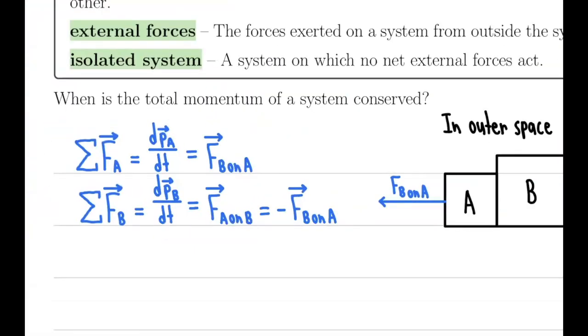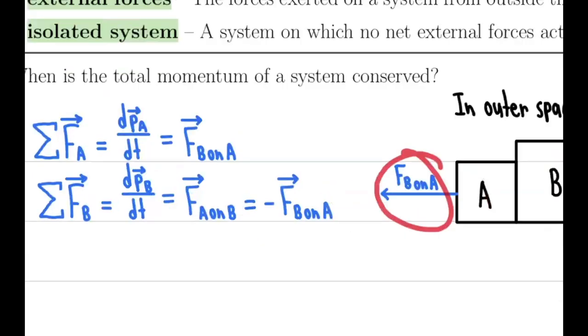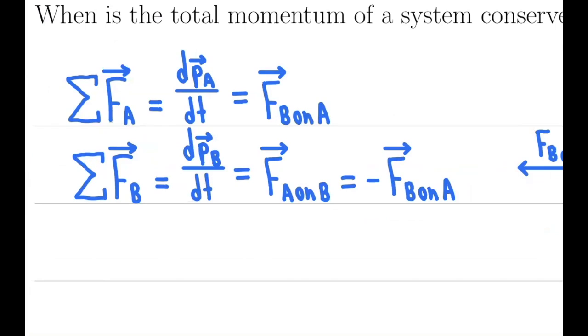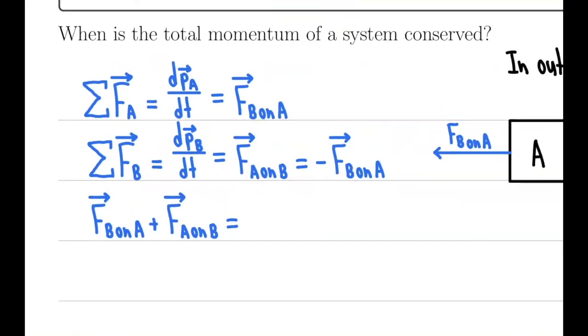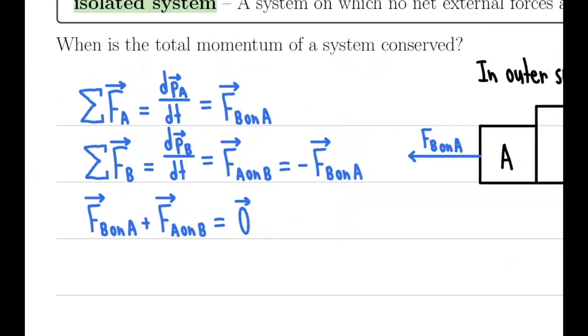Okay, so what I can do is I can add these two forces. So FB on A plus FA on B. And what is that going to equal? Wouldn't it be zero? It'd be 0, yeah. Because remember, FA on B is negative FB on A. It's going to cancel out. The question we're trying to answer is when is the total momentum of the system conserved?